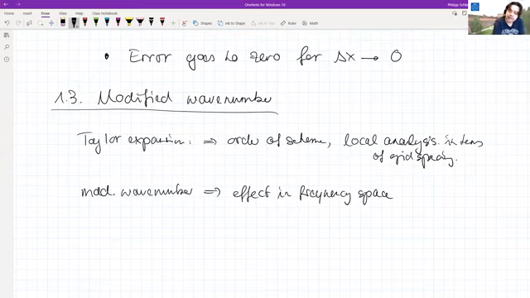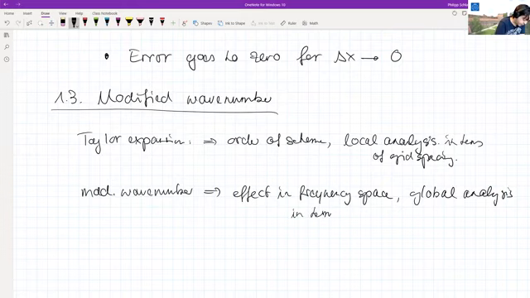So to what extent is the frequency content of a specific solution affected by doing a derivative with finite differences? So we can say that this is then a global analysis in terms of wave number or frequency of the solution.